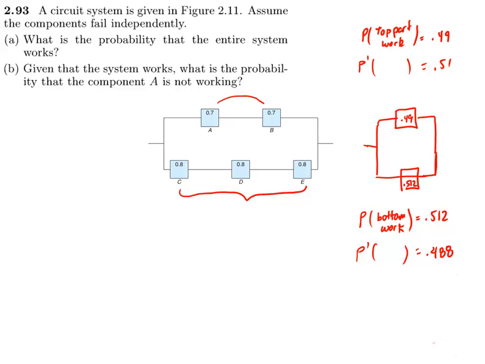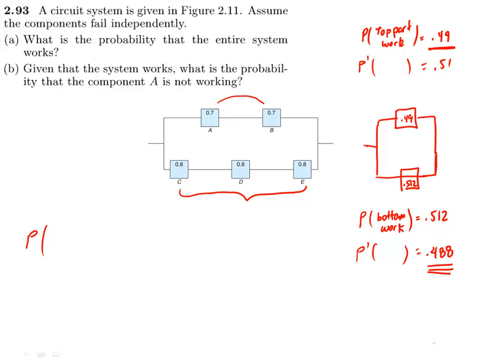Okay, so now we can solve for the probability that the entire system will work. In that case, what we can do is find the complement for both probabilities. So we have 0.51, the probability that the top will not work, and 0.48, the probability that the bottom will not work.